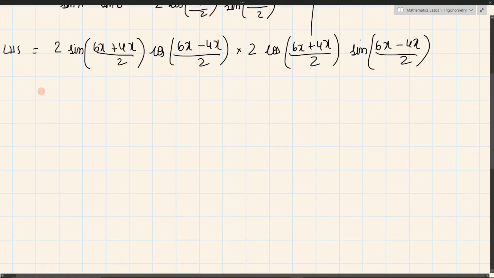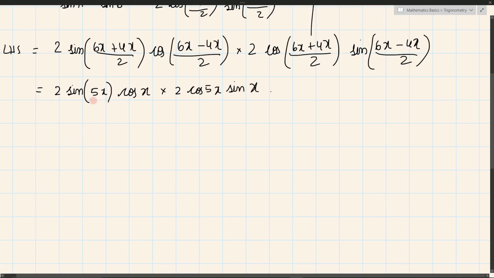So this will be equal to 2 sine of 10x divided by 2, that is 2 sine 5x into cos x into 2 cos 5x into sine x.